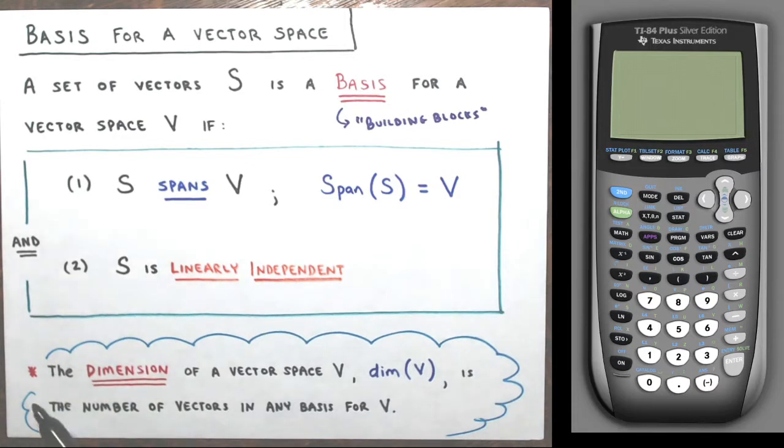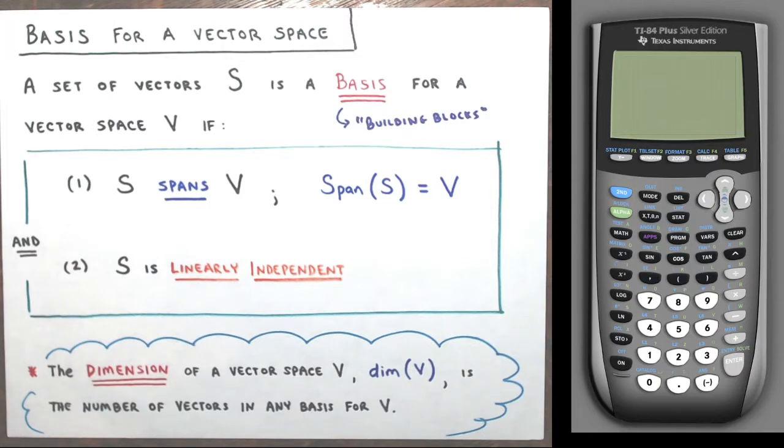And then at the bottom here, probably another definition you've seen in my past videos. The dimension of a vector space V, denoted dim of V, is the number of vectors in any basis for V. You've seen that in Euclidean space R2, the set of vectors with two real number components, had a dimension of 2, because the standard basis had the vectors (1, 0) and (0, 1).